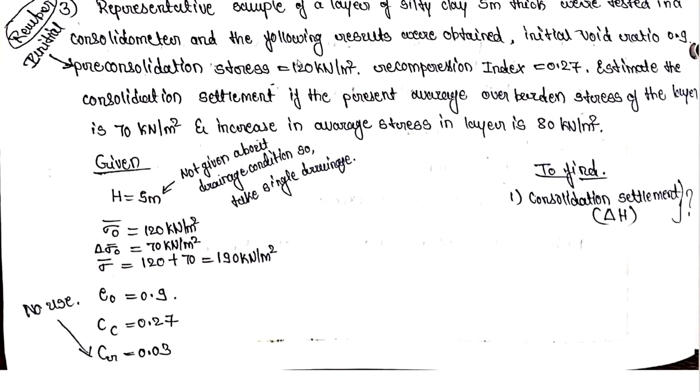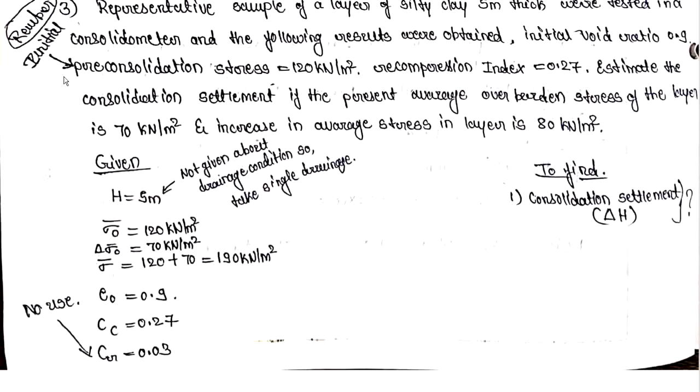So what is the initial stress? Initial stress was 120. Over that we are applying another 70 kilonewton per meter square as an overburden stress. You can observe one very important thing over here: whatever the pre-consolidation stress is, this stress is before applying any type of overburden stress or any type of load.